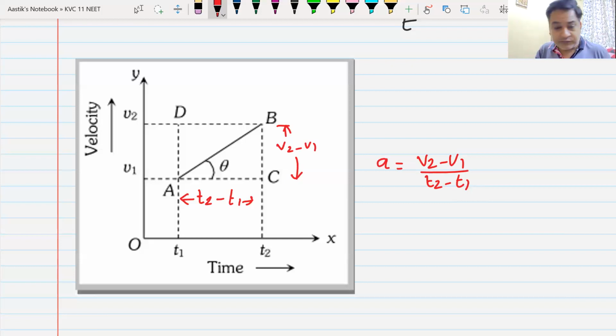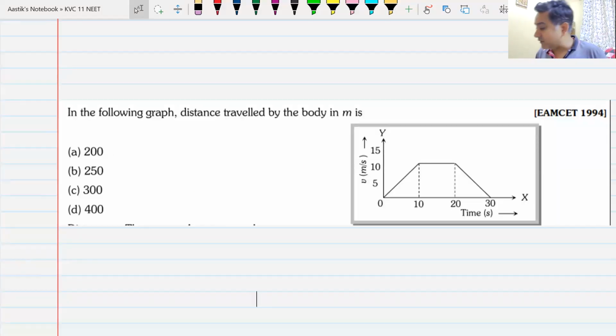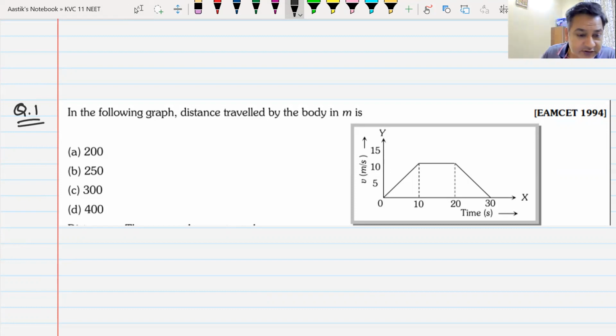Yes. This is the first question. It came in one of the engineering exams. I'm sure you are good enough to solve this, even though you are not preparing for an engineering exam. Question number 1. In the following graph, what is the distance traveled by the body in meters? So the graph is given to you, my dear friends, and I wait for a minute for your answers.